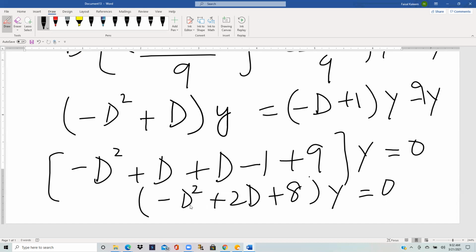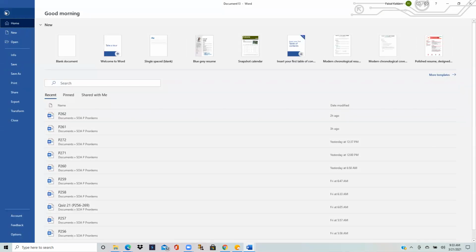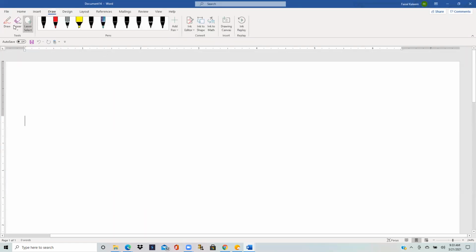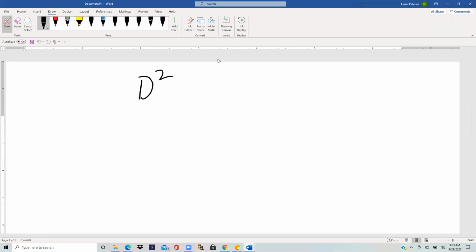So we'll have d squared minus 2d minus 8, y is equal to 0.